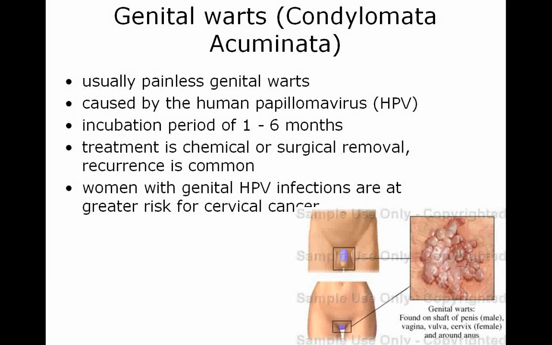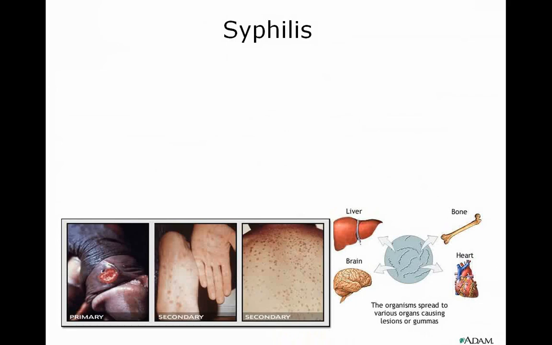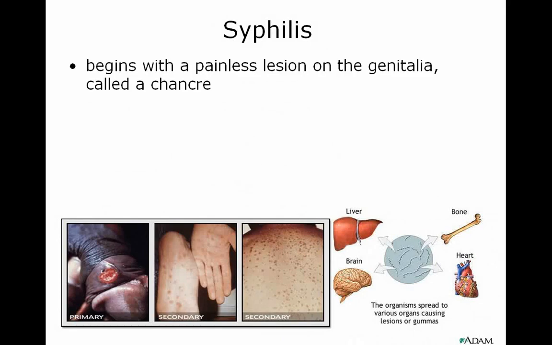As far as diagnosis, again, mostly the doctor can just diagnose this by looking at the warts. Certainly a biopsy can be done to be sure that the person hasn't already developed the cancer, but it's pretty obvious to the trained eye what those warts look like.